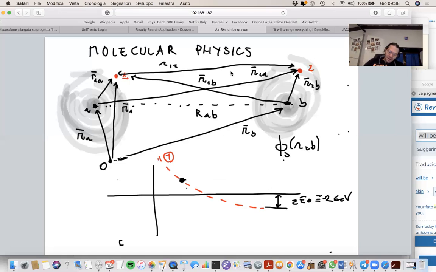But I can imagine a second scenario, in which ultimately if I get them close, then at some point the electrons will like to sit in the vicinity of both nuclei because they enjoy the attraction provided by both more than they suffer their own repulsion.